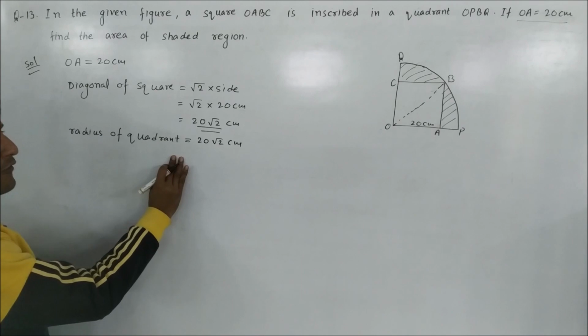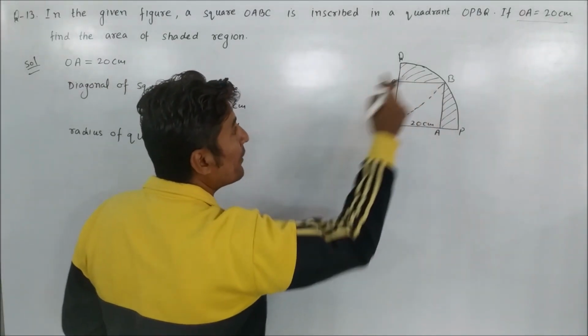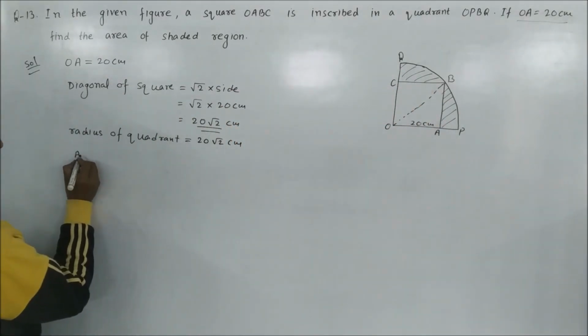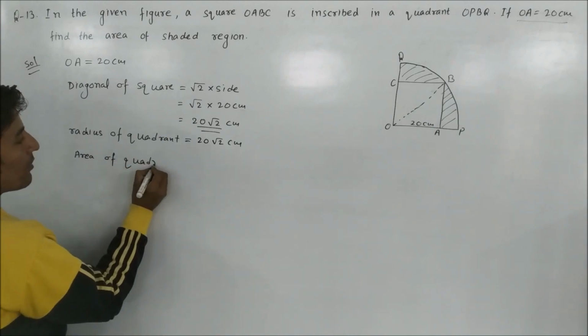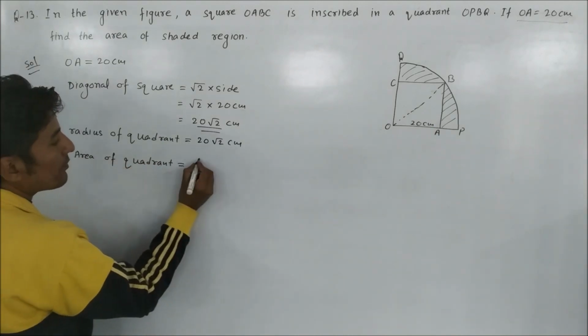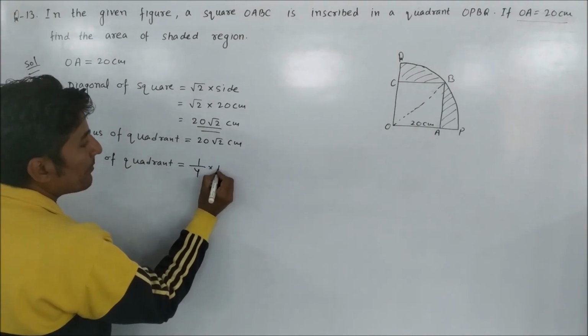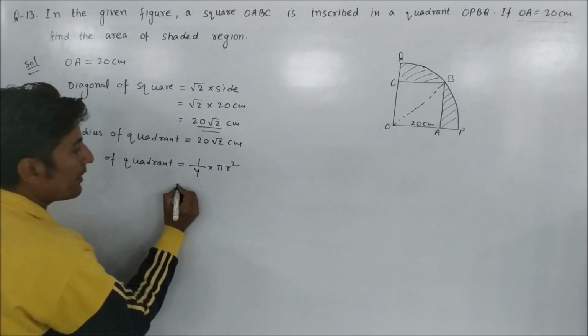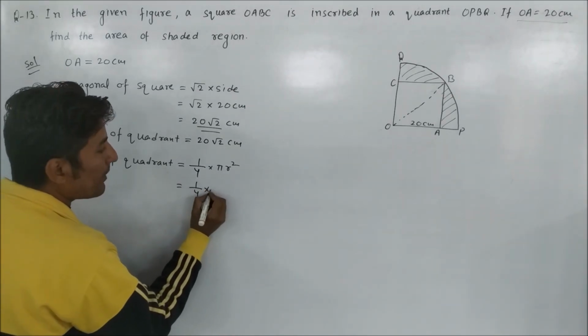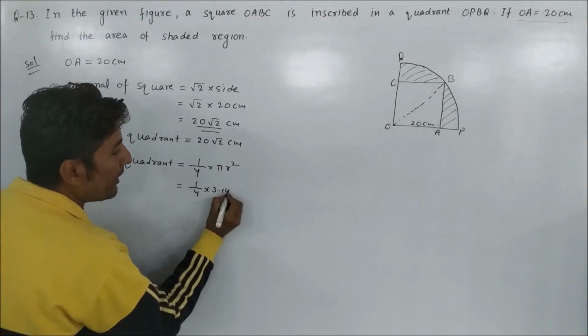After finding the radius of quadrant, now we will find the area of quadrant. Area of quadrant will be equals to 1 upon 4 into pi r square. This is the formula to find the area of quadrant. 1 upon 4 will be as it is. On the place of pi we have to use 3.14.